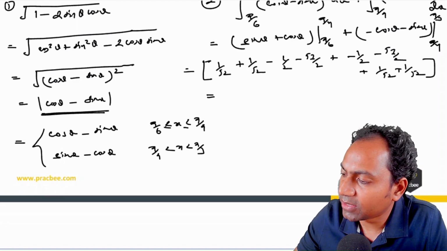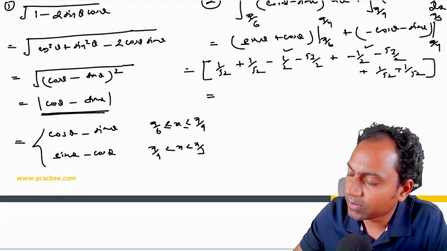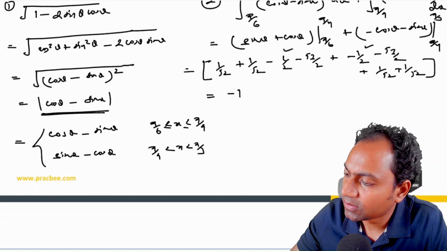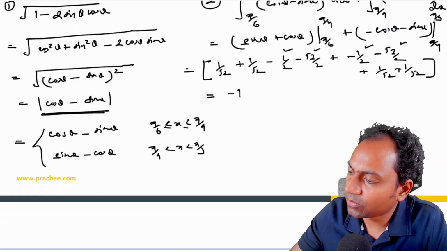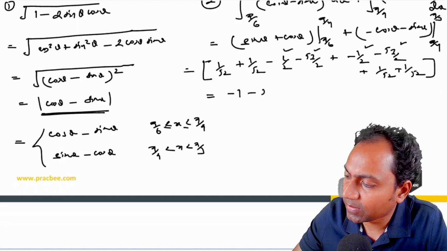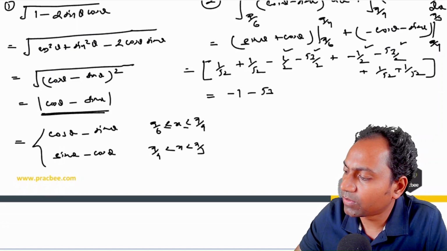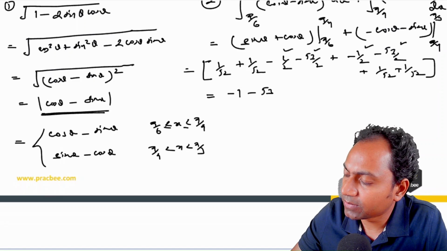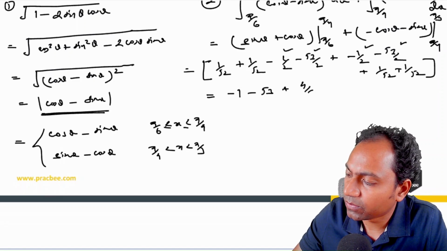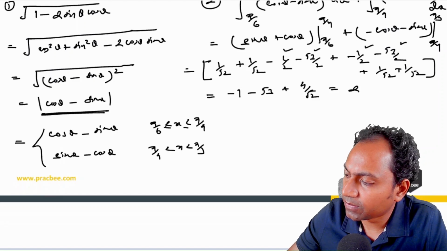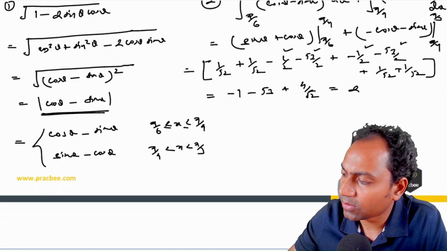If I add everything up, you can see that this is 1 by 2, this becomes nothing but minus 1. This is minus root 3 by 2, minus root 3 by 2, this becomes nothing but minus root 3. If I add 1 by root 2, you can see that 1 by root 2 is coming 4 times. This will become 4 by root 2. And my answer ultimately comes out to be minus 1.